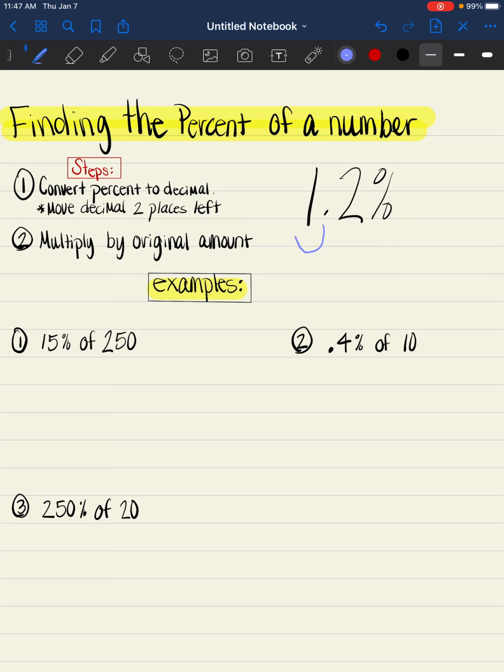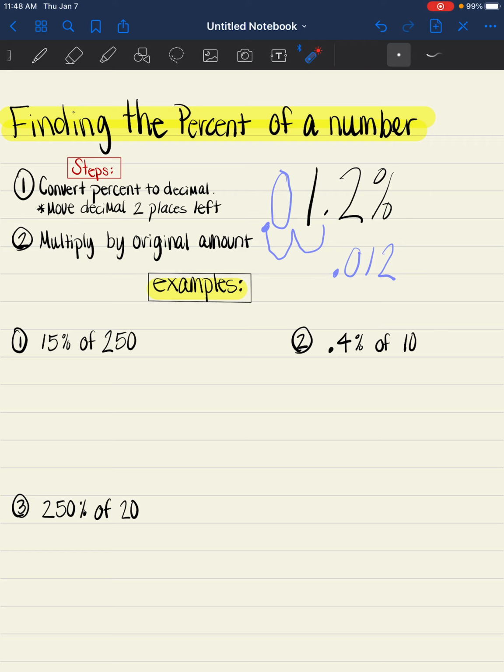So we have to move it 1, 2 times, and notice how there is nothing right here, so we put our placeholder, and when we write a placeholder we're going to write it as 0. So our new number, since we moved our decimal 2 places, is going to look like 0.012 as a decimal.